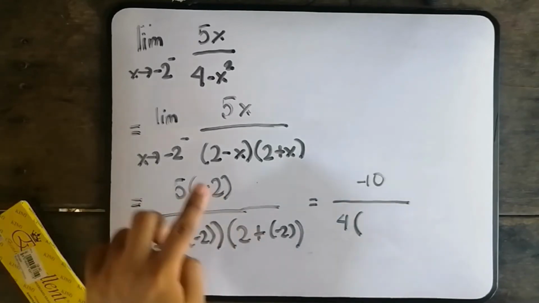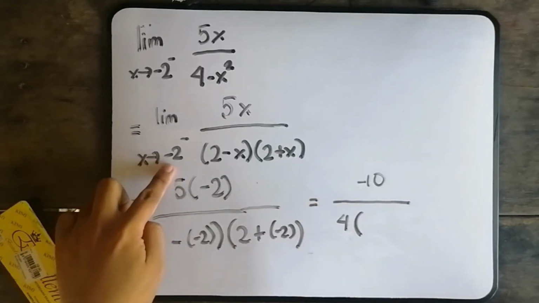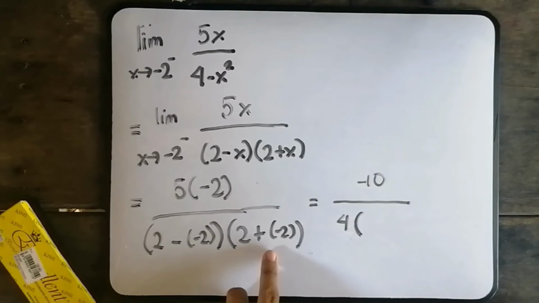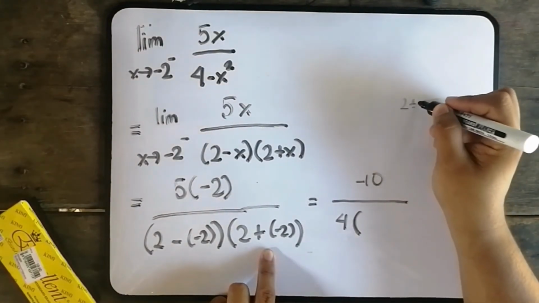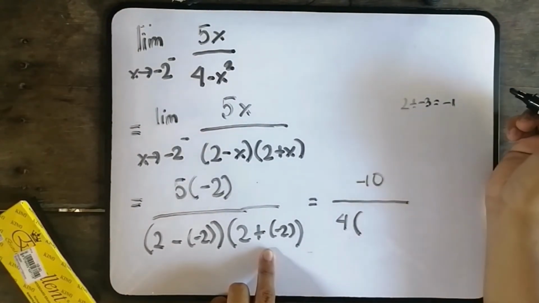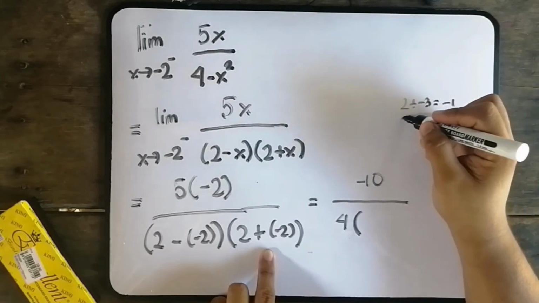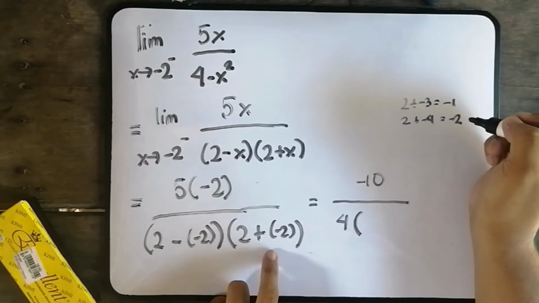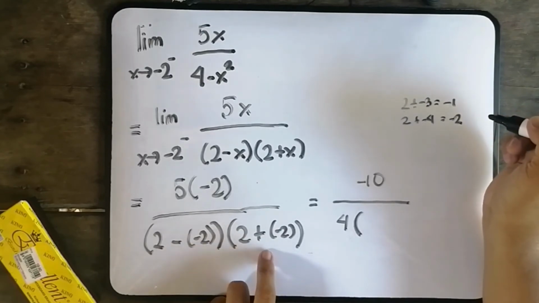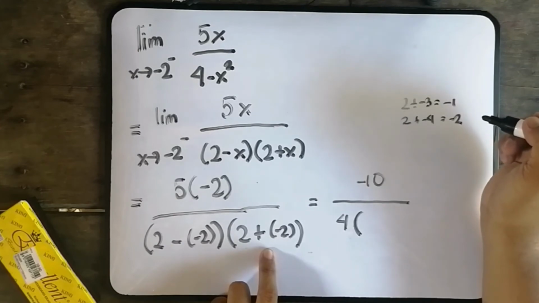However, chine-check natin yung negative 2 from the left. So, kapag from the left ito, ano ba yung mga from the left of negative 2? We have negative 3. So, check, 2 plus negative 3 is negative 1. 2 plus negative 4 is negative 2. Ibig sabihin, as it approaches 0, it actually passes through the negative values.